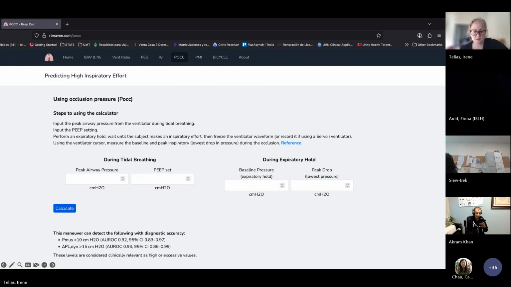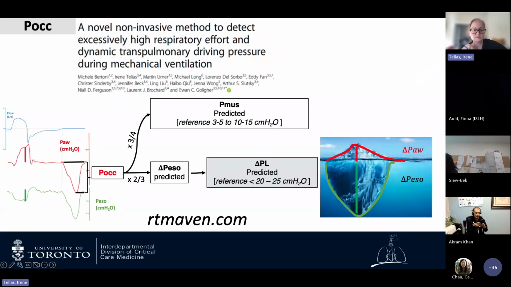Okay? And once we input these values, the calculator will give you the Pmus predicted and the total driving transpulmonary pressure predicted. Okay, and here I put you some general reference values.